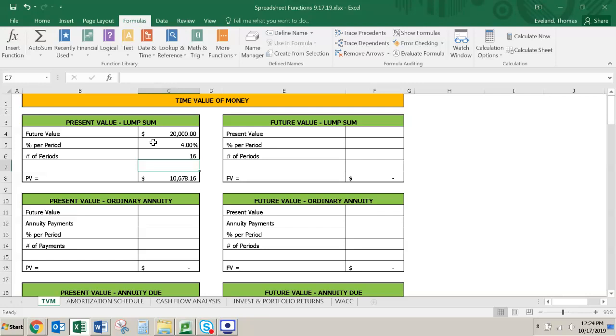You can see how that changes. The more compounding periods we have, the lower our present value or the amount we have to deposit today to have the $20,000 be ready for us at the end of 8 years in the future at 8% APR, compounding semi-annually. That's 4% per period or every 6 months over 16 periods.